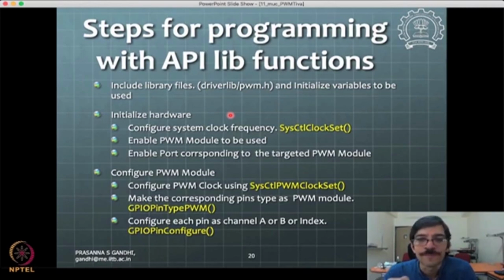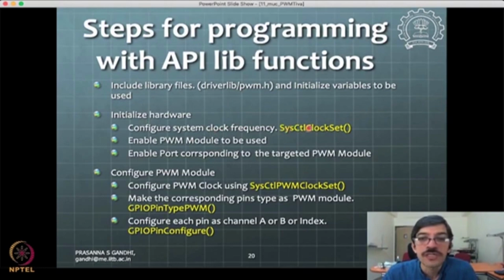For register level programming you'd need to know some of the base addresses and the values of the hardware register addresses, which are already put in these header and library files. Then you don't need to know those detailed names and descriptions. You just need to know these functions, how they work, and things will be fine.